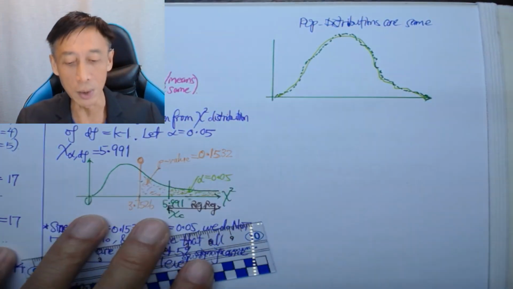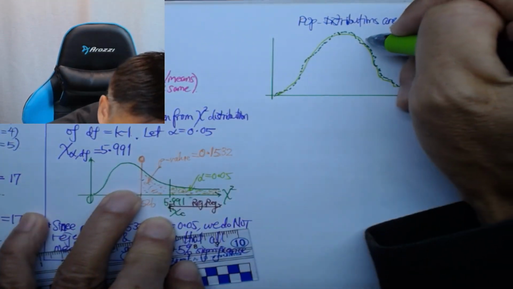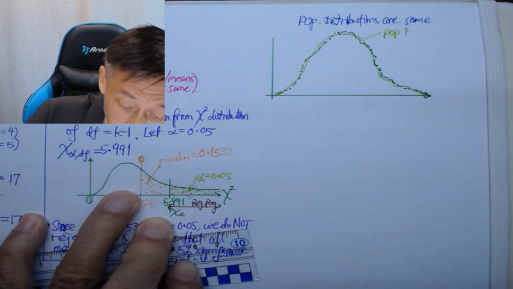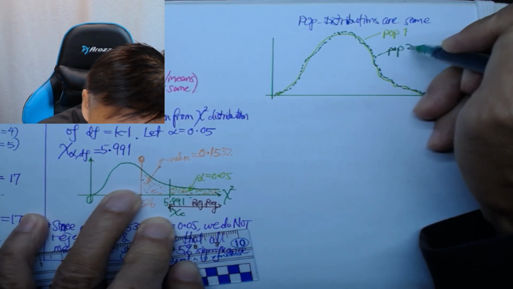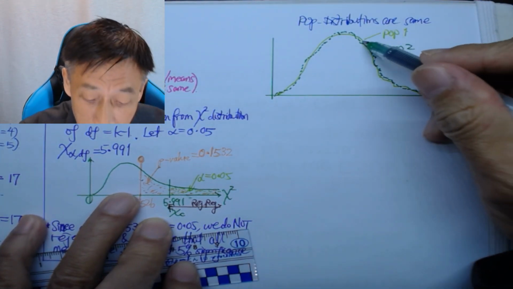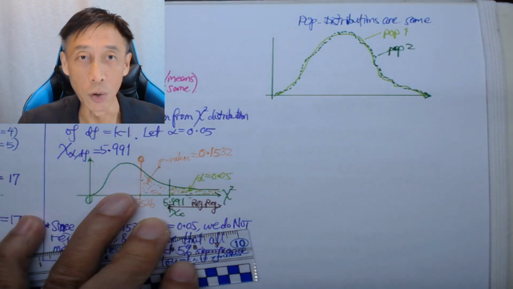In other words, population 1 has this shape, and population 2 has this shape, and yet, despite the minor wriggles or gaps here and there, those are statistical noise.